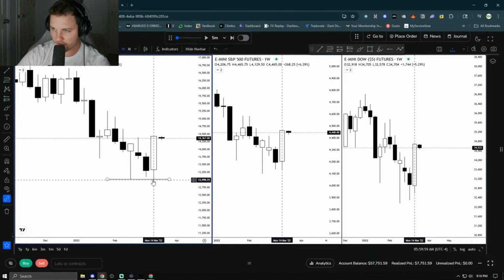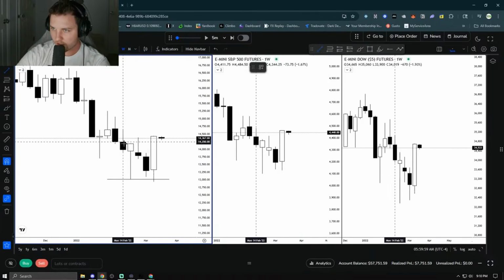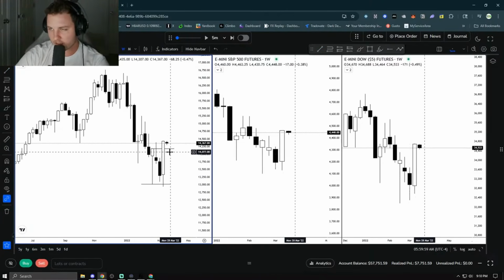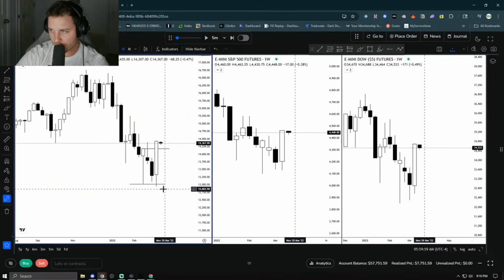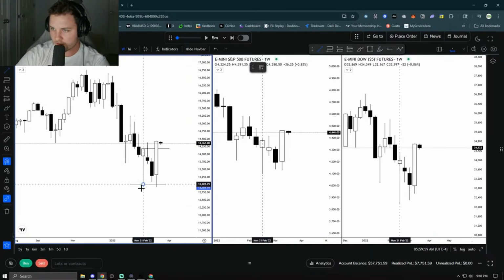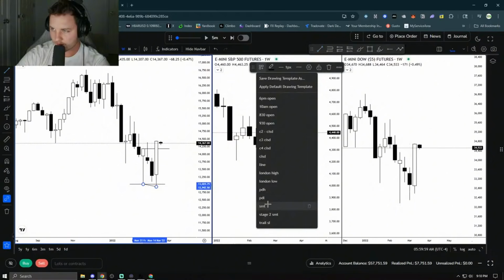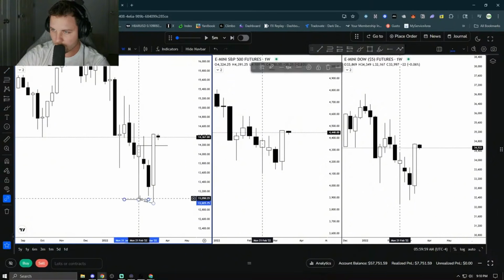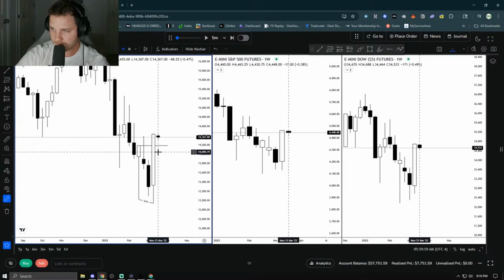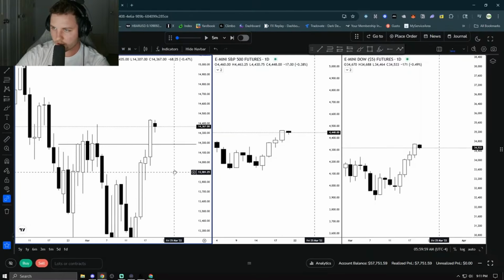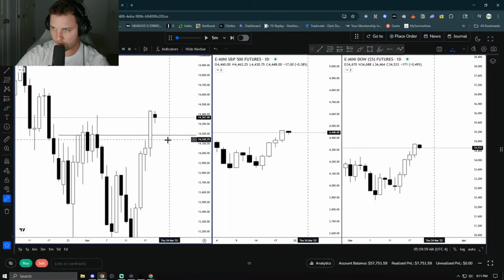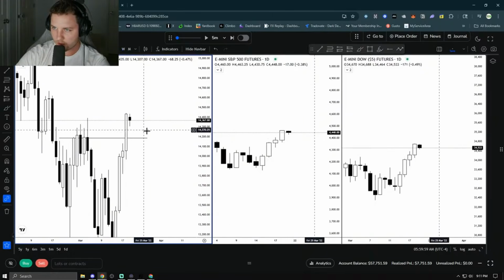Reversing off previous week right here with an expansion, creating a CISD already. So if we were to imagine this on the 5 minute chart, we have our SMT here. So we want Monday to open low into this area.